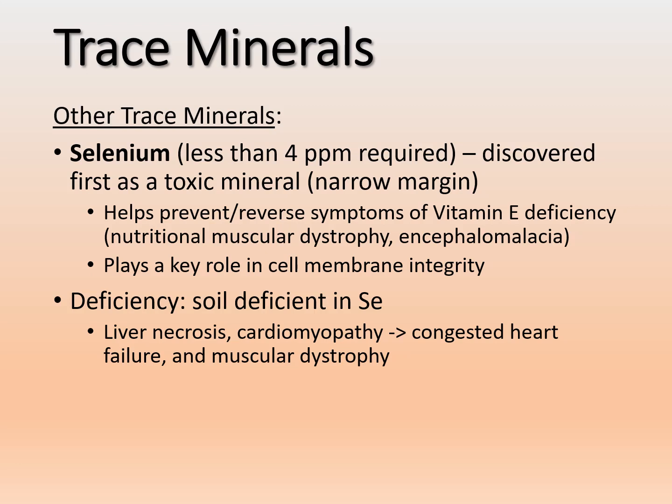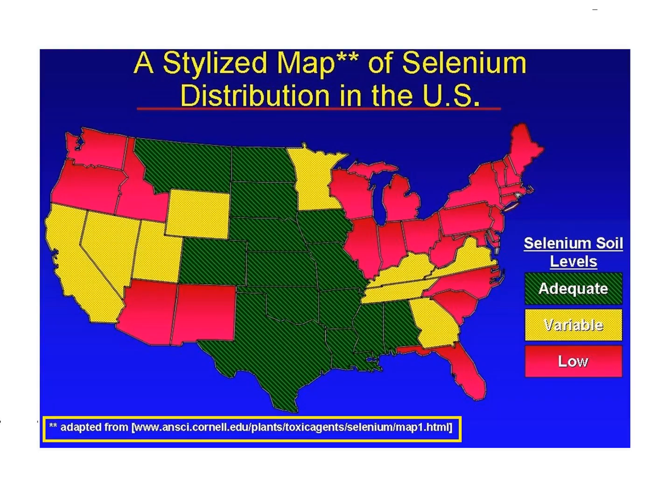And a deficiency can cause some problems as well. So some liver necrosis, cardiomyopathy is a big one, which can then lead to congestive heart failure. You also see muscular dystrophy as well. So it kind of goes back to that, kind of similar to vitamin E deficiency.